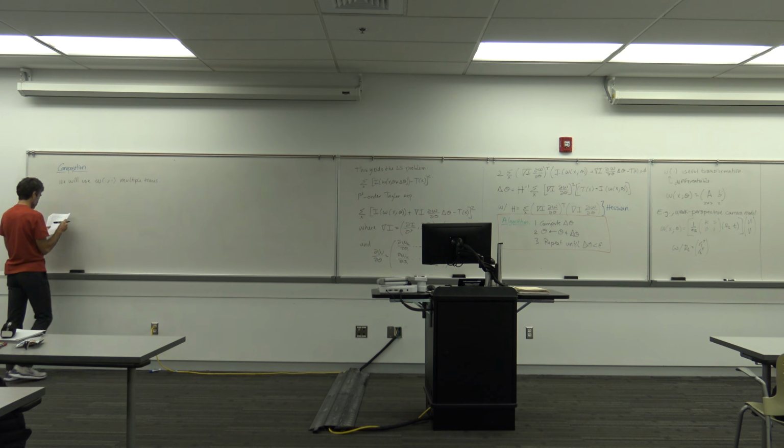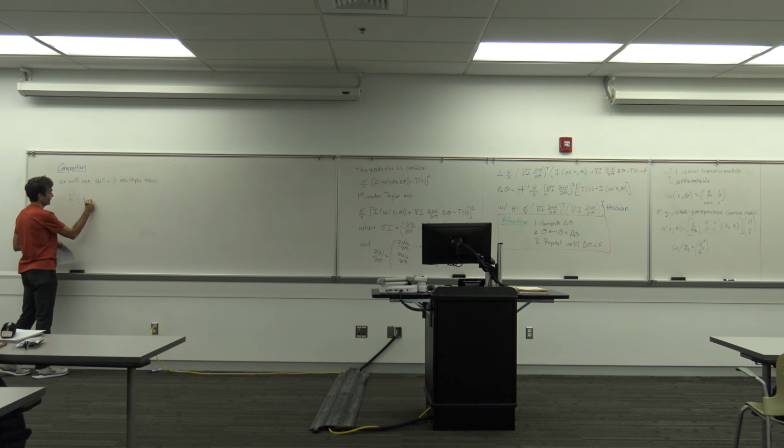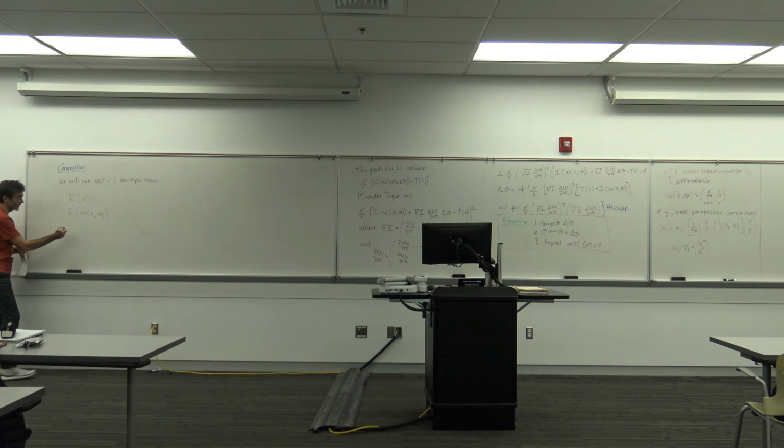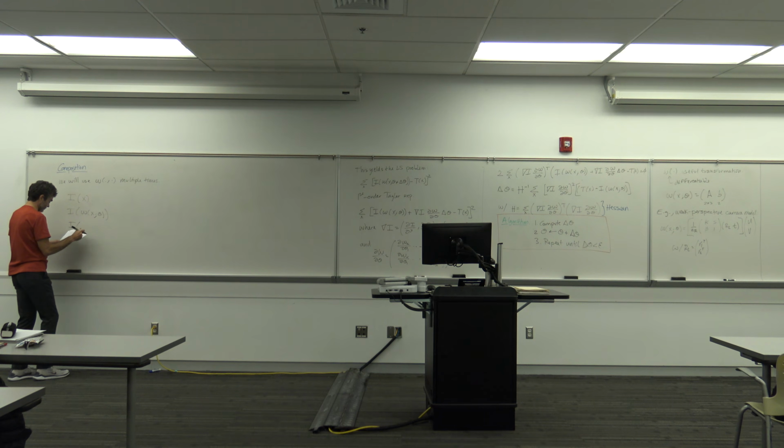So for example, I had the image of x, and then I did the image of w(x; θ) given the parameters, right? That's what we've done before. That's the allowable transformation.